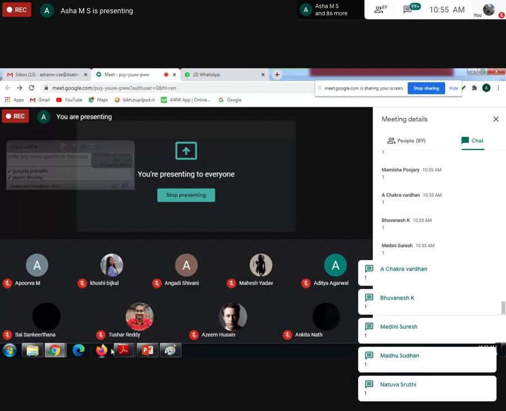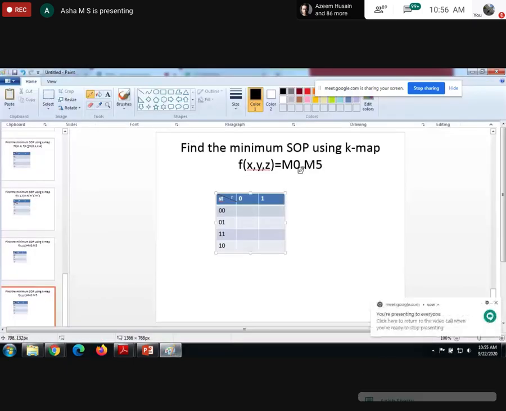Please keep it in mind. This is the place where you are going to make the mistake. They have given the max terms in these 2 places. You will be placing 0. But they have asked us to find the SOP. So when they ask us to find SOP, we will be grouping 1s itself.